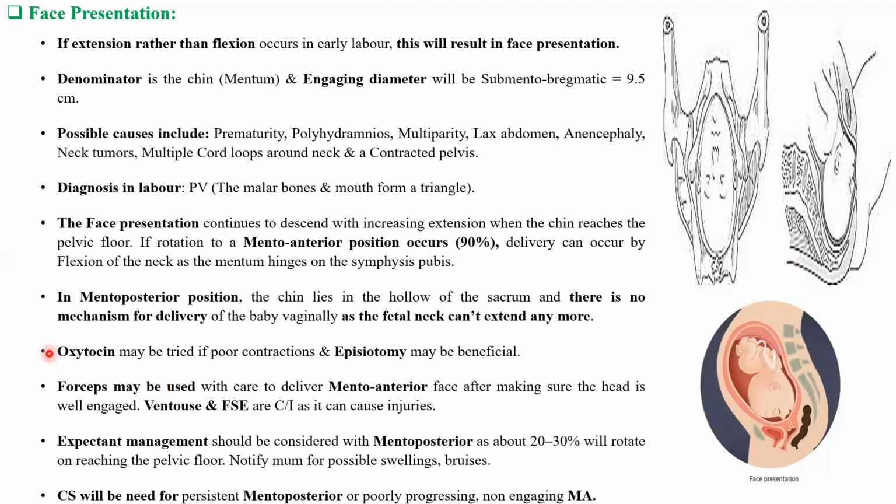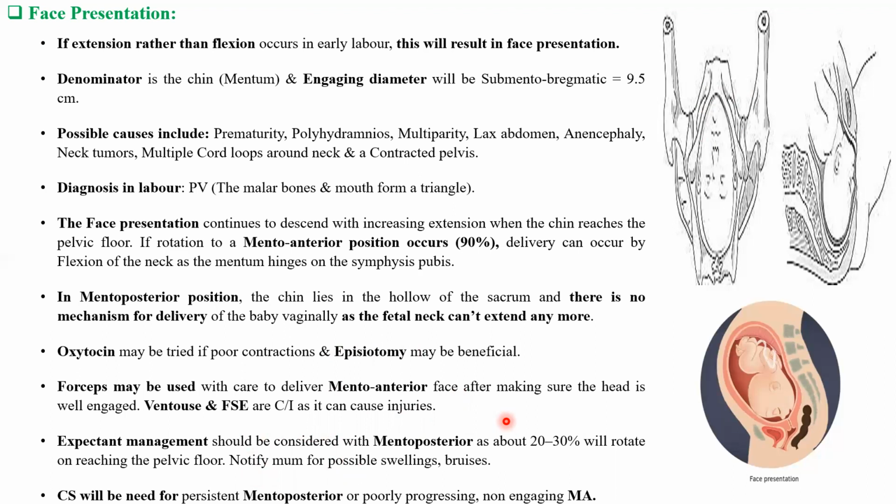We can use forceps for delivery of mento-anterior position, but this will be a senior decision, and after the head is well engaged. But vacuum or ventouse and fetal scalp electrode are contraindicated as they cause injuries. In face presentation, you have to notify the parents of the possible swelling and bruises that may result from the process of delivery.